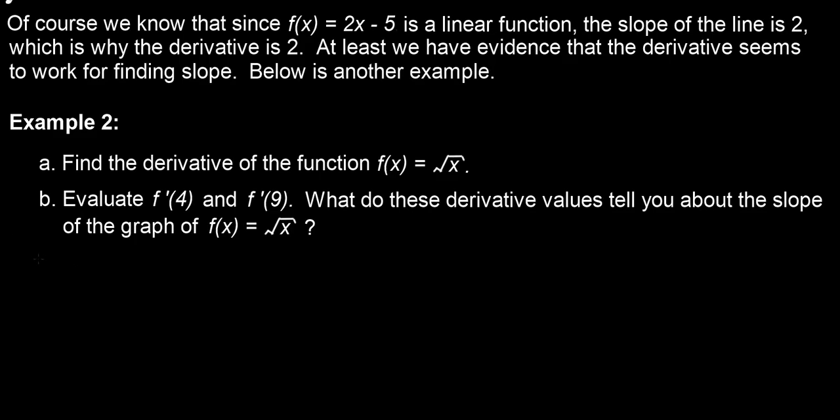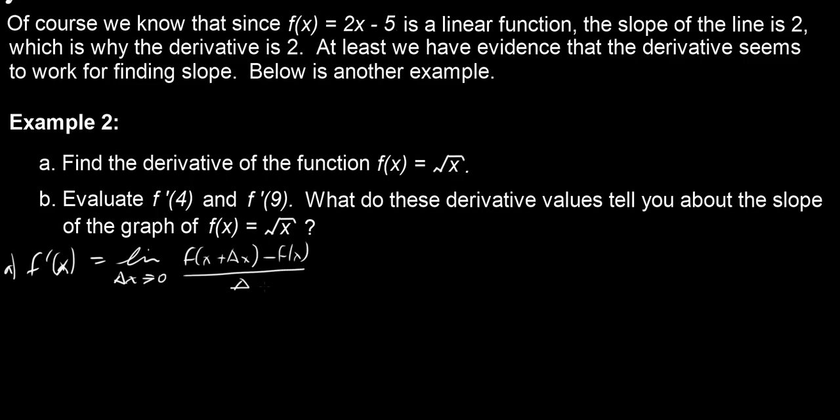Again, I'm doing part A now. F prime of x is equal to the limit as delta x goes to 0 of f of x plus delta x minus f of x over delta x. Once again, I'm just writing the definition of the derivative, but I'm now going to apply it to the function.